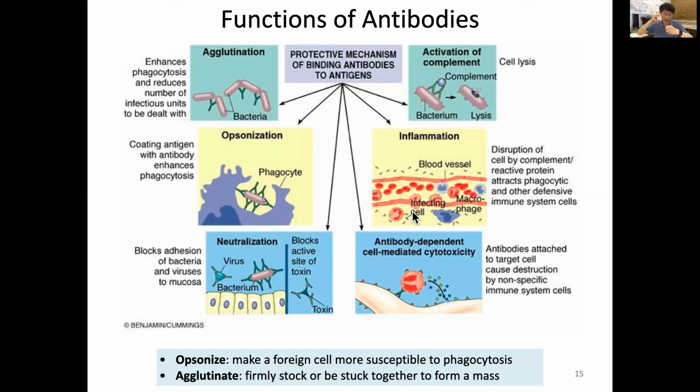Our immune cells recognize it and trigger cell-mediated cytotoxicity. So that could be a very important mechanism of antibody-based treatment, a very specific treatment.